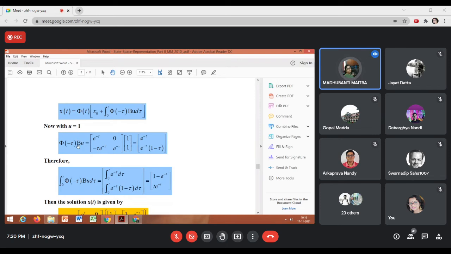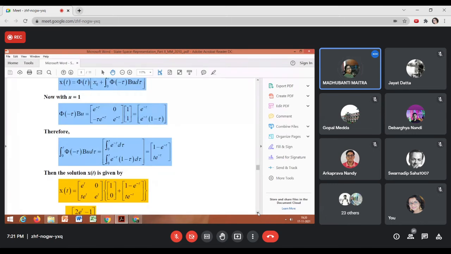The input matrix is given: the input matrix is 1, 1. That is our B matrix, right? So just multiply these two matrices. They are dimensionally coherent, so we can multiply them, and the resultant matrix, that means phi(minus tau) B u, since u is a unit step, so u is equal to 1, will be e to the power minus tau, e to the power minus tau, 1 minus tau. Clear?